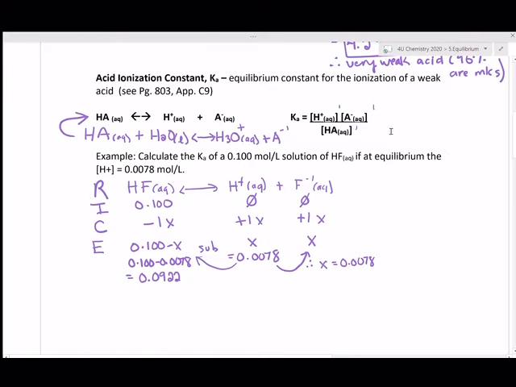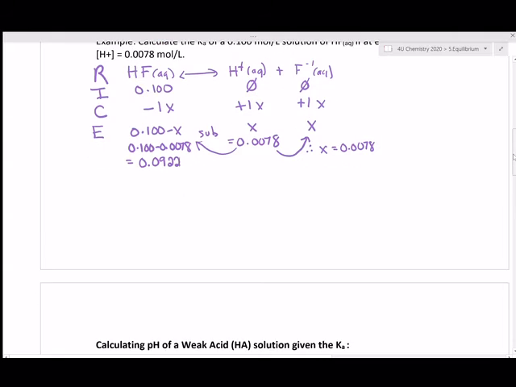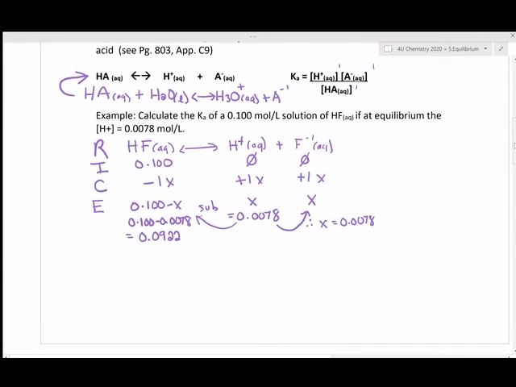Okay, so Ka is going to be hydrogen ion times fluoride ion, all divided by the concentration of HF at equilibrium, remember?